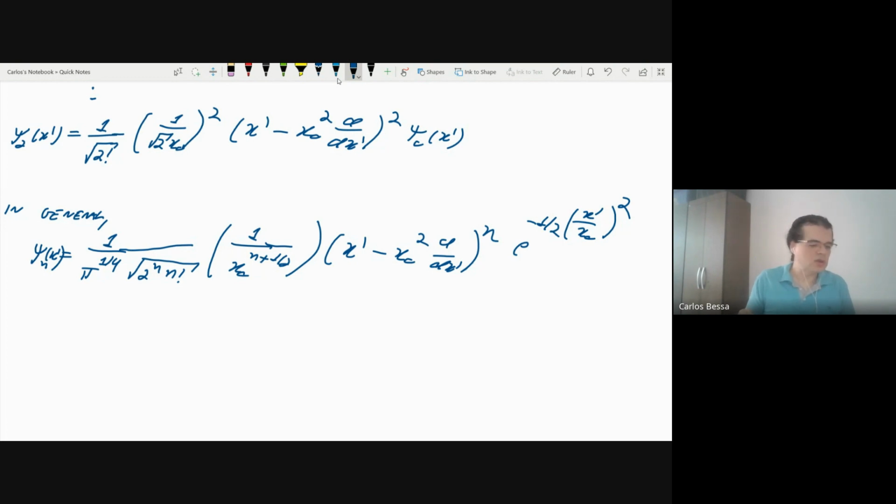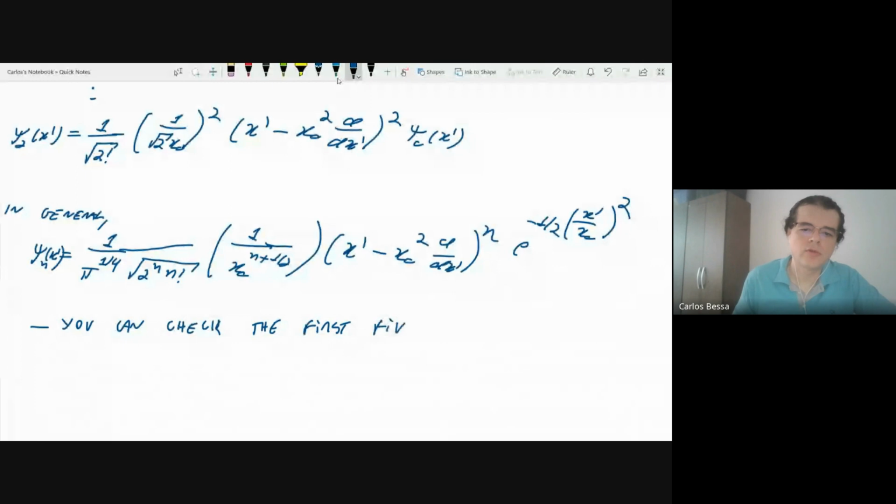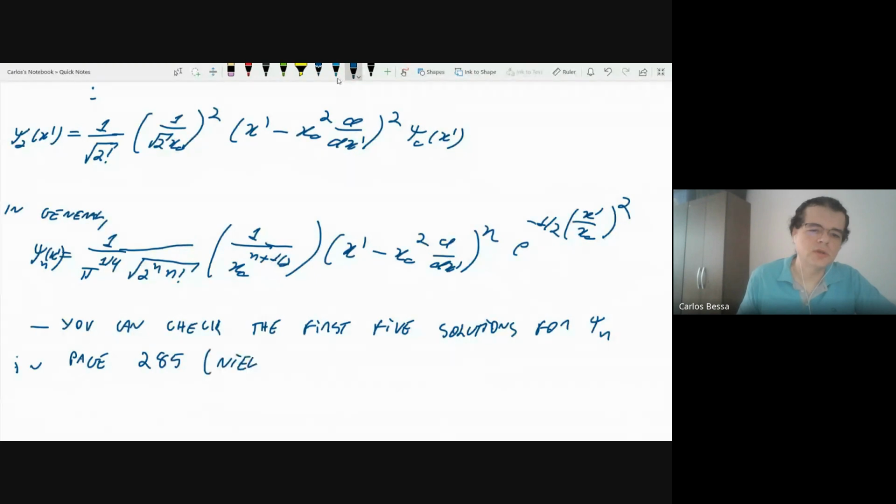So the plot will not be so important to us now, so I'll not draw it here, I'm not good at drawing things, but you can check the first 5 solutions of psi on page 285 of Nielsen-Schwenk.